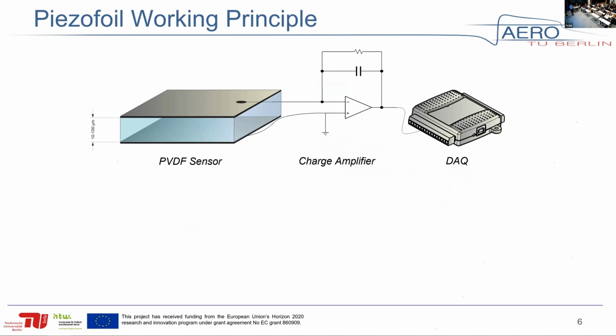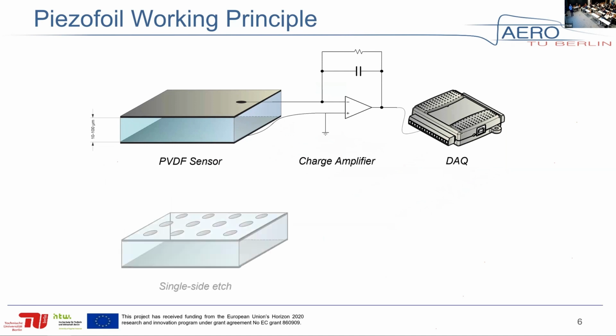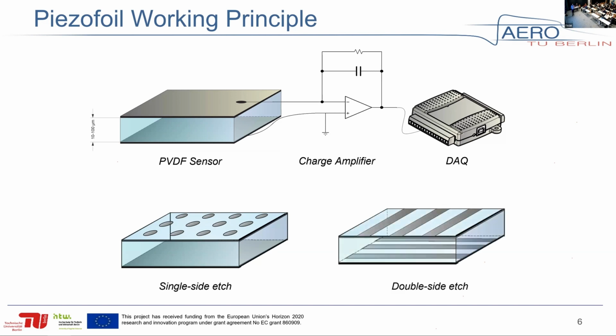And one of the main advantages of this technique is that we can create a pattern on the metal. And so we can create custom arrays of different sizes from just a single foil, because the active area of the sensor is actually the overlapping area between the two faces.